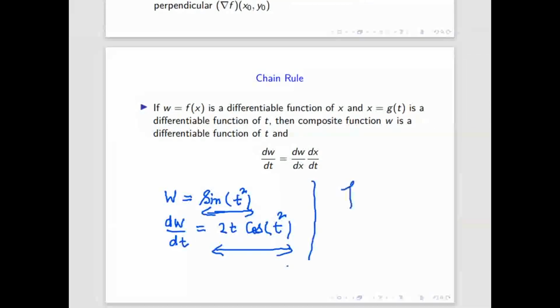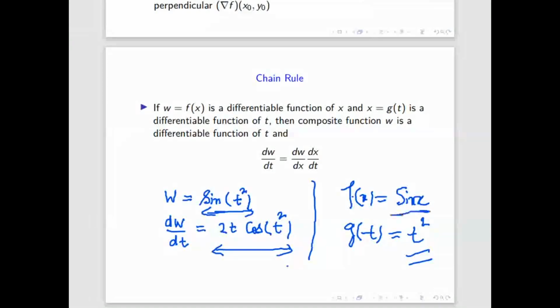So in this case, two functions are involved. One is f of x, that is sin x. Another function is g of t, that is t square. So derivative of g with respect to t is 2t, and derivative of sine is cos. So what we are doing here, we are differentiating both and we are multiplying.